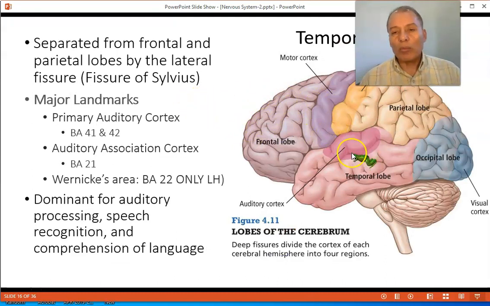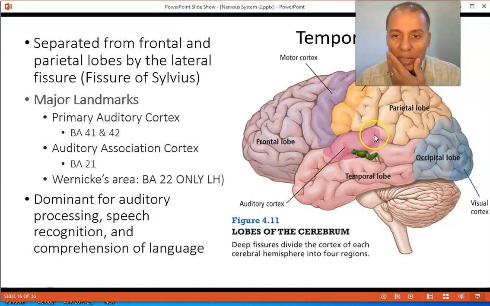So the major landmarks of the temporal lobe or cortex: know exactly these details. These are critical communication details. The primary auditory cortex is the area that is responsible for processing of auditory signals.